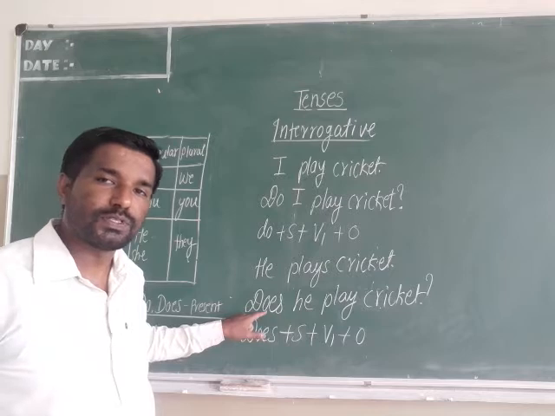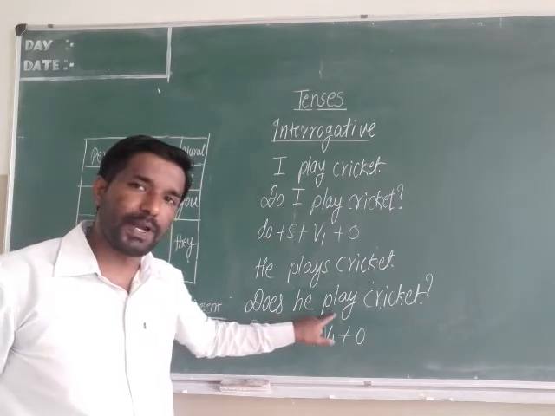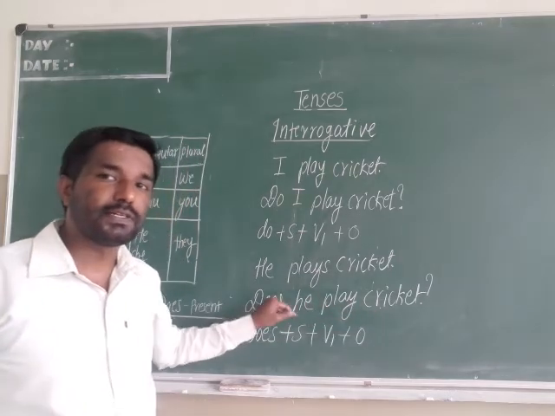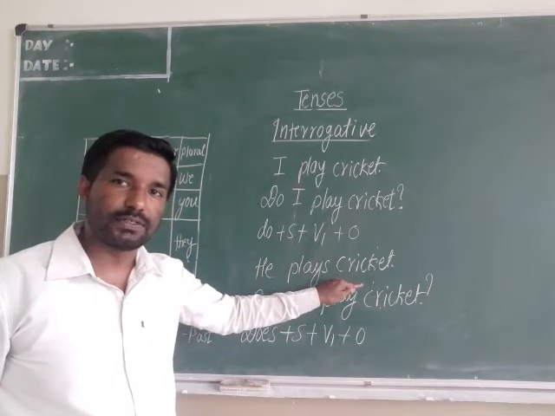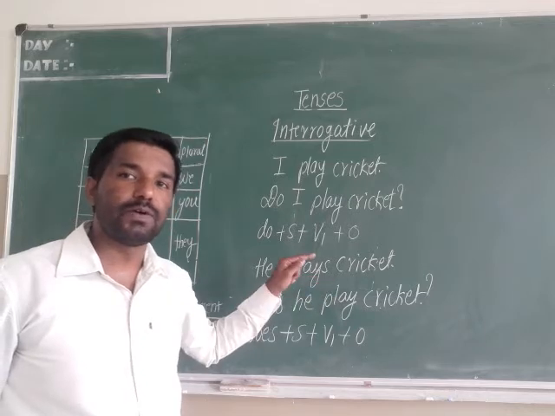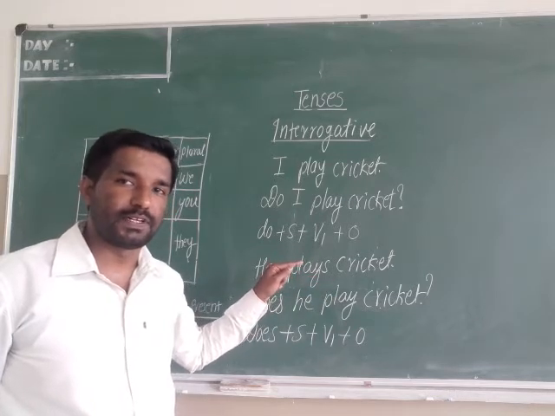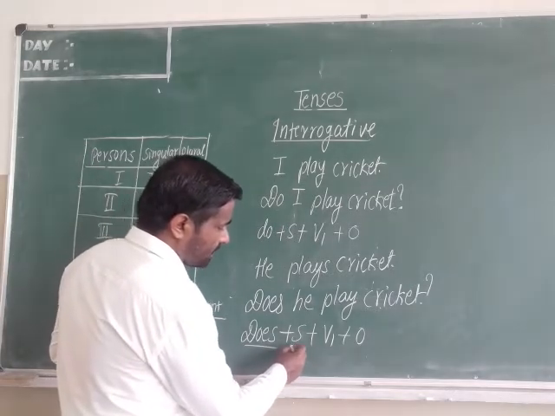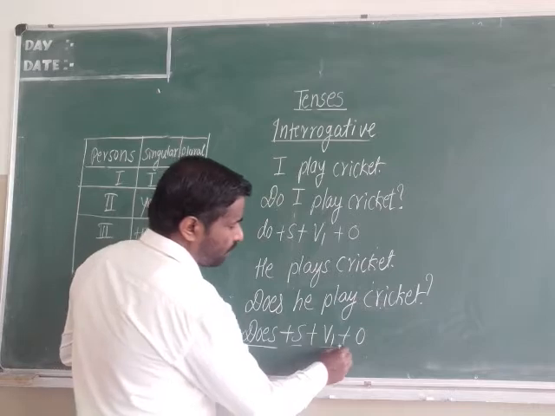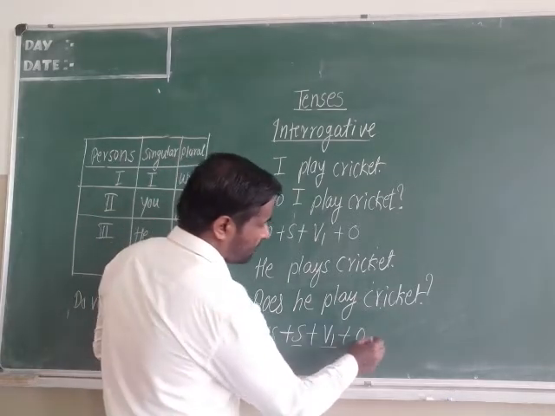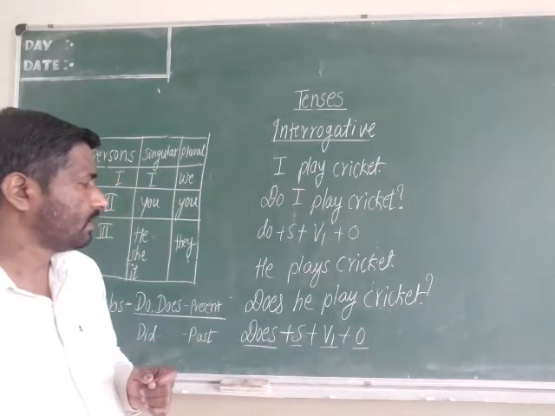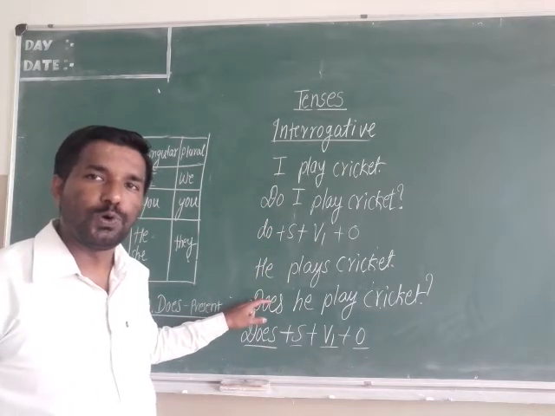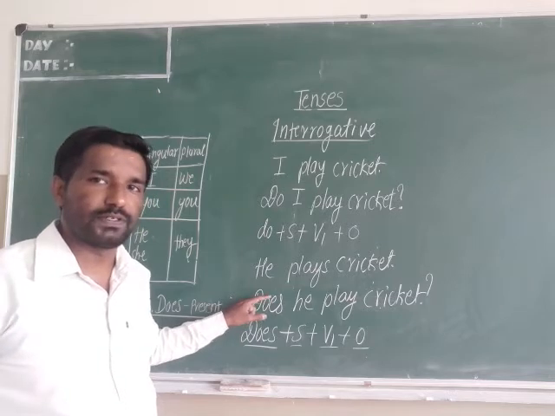Then you have to say, does she play cricket? It drinks water. Does it drink water? Is it clear? So, here you are going to use what? Does plus subject plus V1 plus object. This is the structure. Here you are using what? Do verbs in order to ask questions.